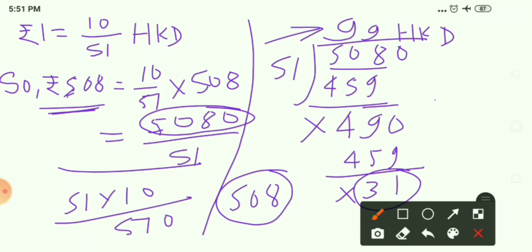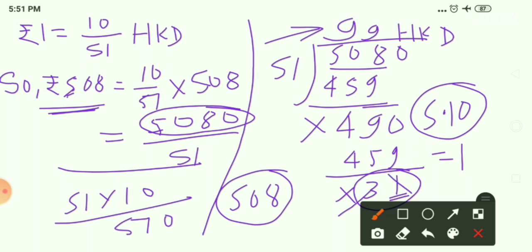As you know that 5.10 rupees makes 1 Hong Kong dollar, so in that condition, if 31 were rupees, we could easily change it, because it is more than 5.10. So it is not 31 rupees, it will be only 3 rupees and 1, meaning 10 paise.